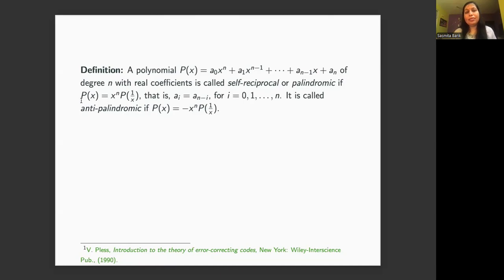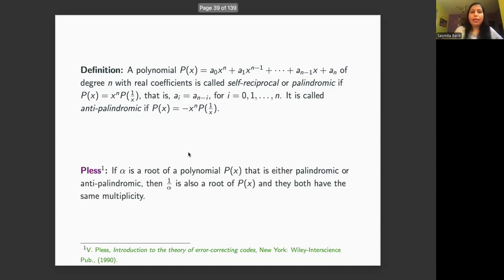In that case, p(x) is nothing but x to the power n times p(1/x). Then it's called a palindromic polynomial, so the coefficients satisfy ai equal to a(n minus i). And it is called anti-palindromic if p(x) equals minus x to the power n times p(1/x). In that case, ai will be minus a(n minus i).